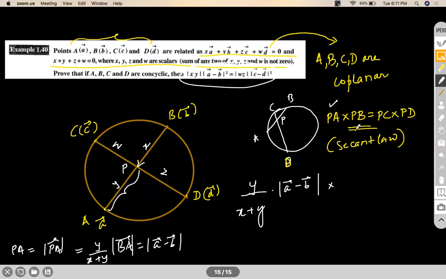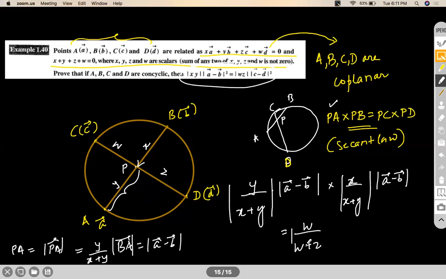Similarly, PB will be what? PB will be x by x plus y, now once again I should always put a mod over here because you never know, you may get a negative answer. Correct? This is your PB. Similarly, what is PC? PC will be W by W plus Z mod.